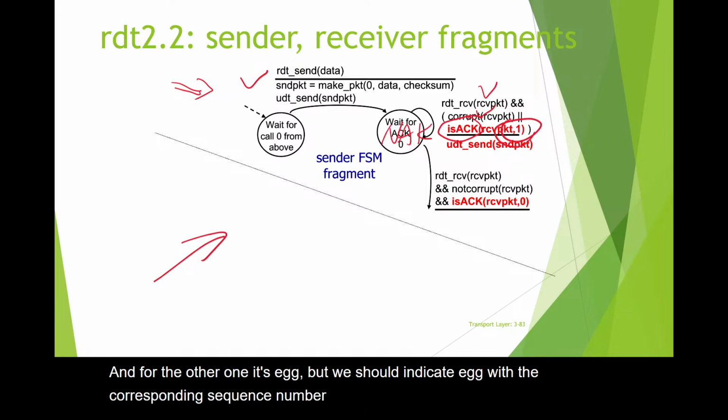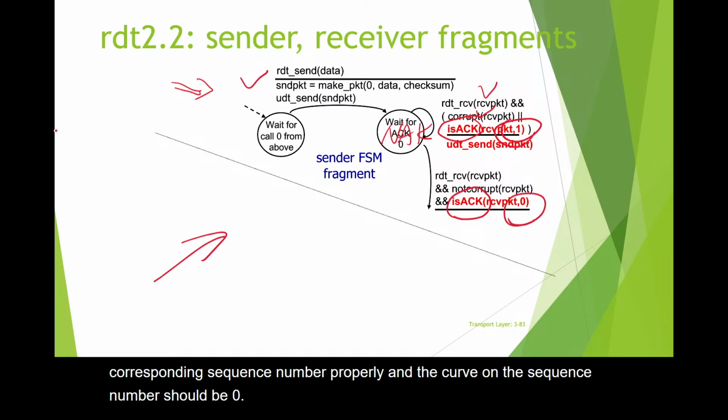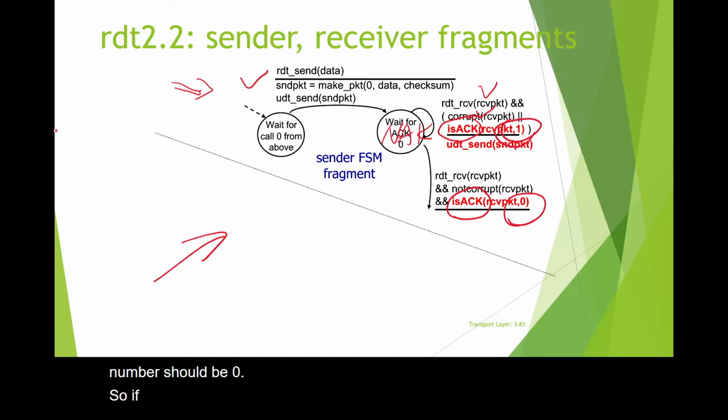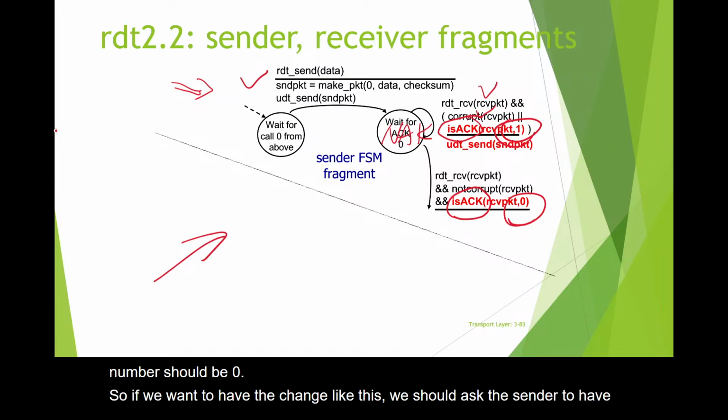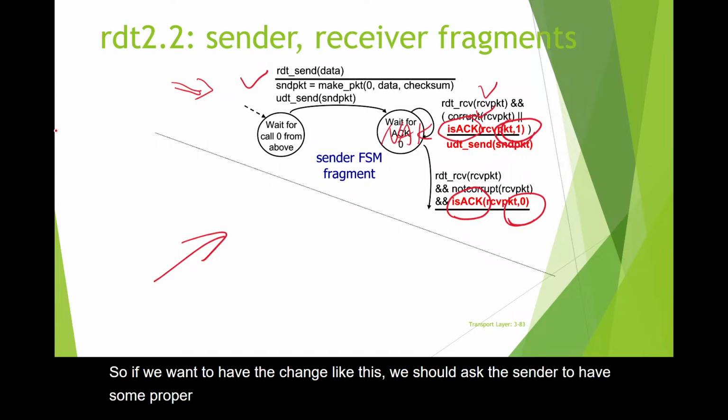And the current one, the sequence number should be 0. Well, so if we want to have the change like this, we should ask the sender to have some proper modification, so that we can have ACK with the proper sequence number. Well, about this, we check the receiver side immediately.